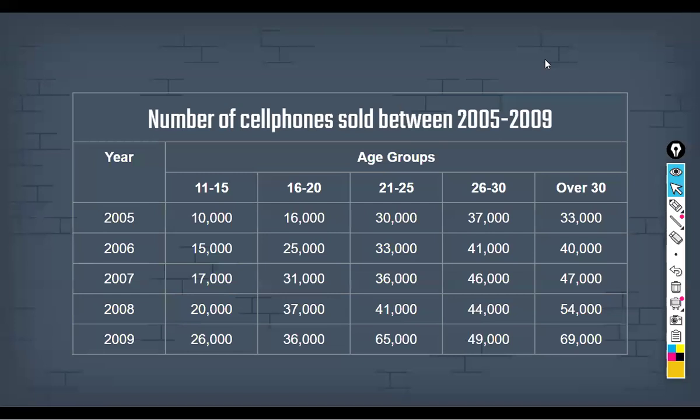All right, so this time we have a table, right? And so it still has an x-axis and a y-axis. Here is the y, and here is the x. And then this is the title, right? So try, and you can put your answer in the chat.